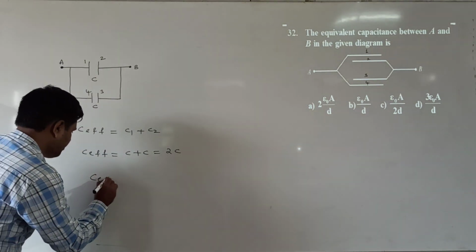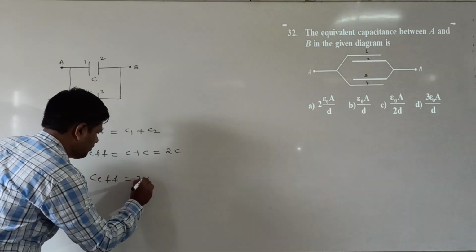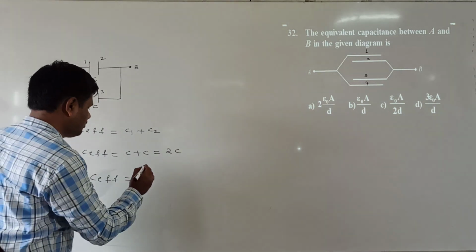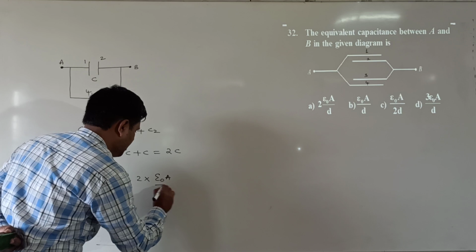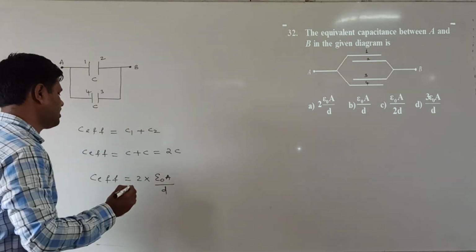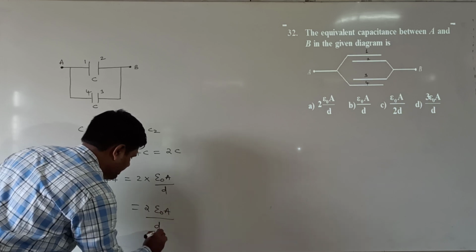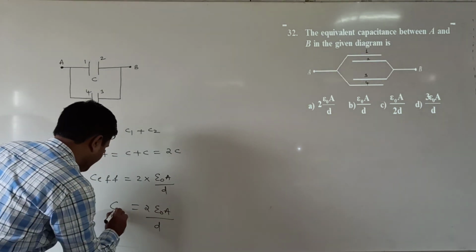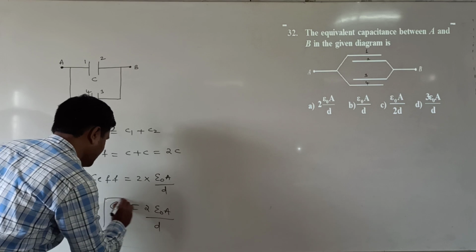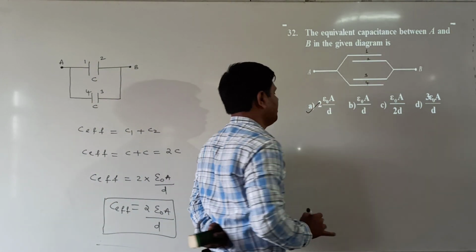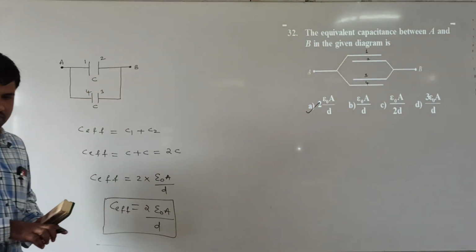The capacitance of a parallel plate capacitor is epsilon naught A by D, so C effective is equal to 2 epsilon naught A by D. Option A is correct here.